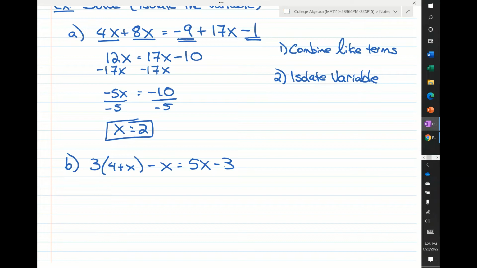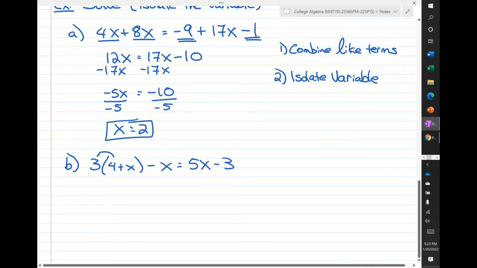First thing we want to do is simplify each side as much as we can, and then we isolate the variable to one side. So we've seen distribution before. I'm going to go ahead and multiply 3 times 4 and 3 times x. This would be 12 plus 3x minus x is equal to 5x minus 3.